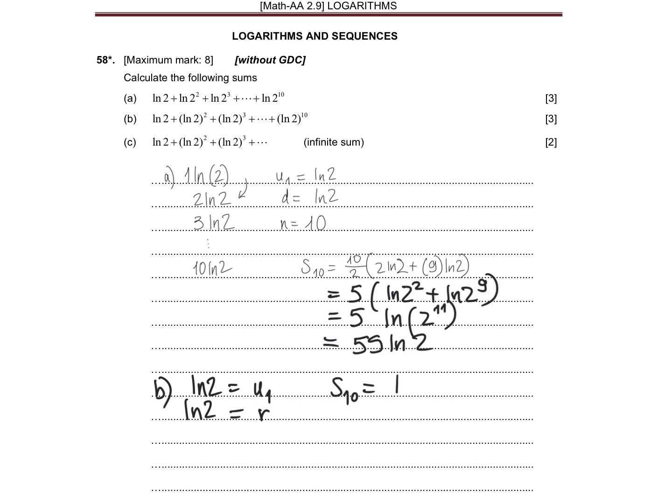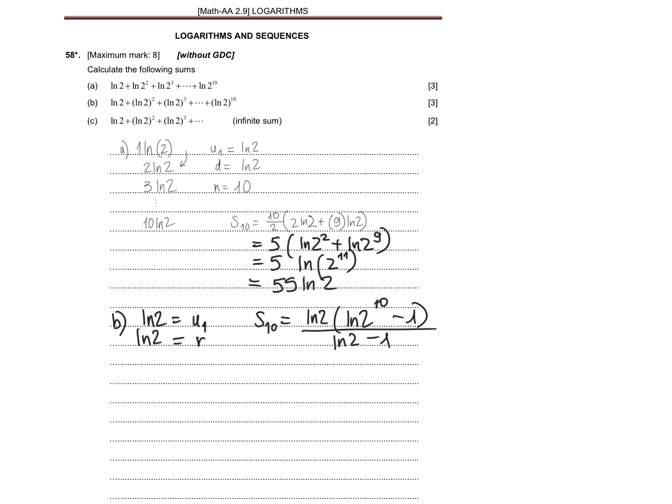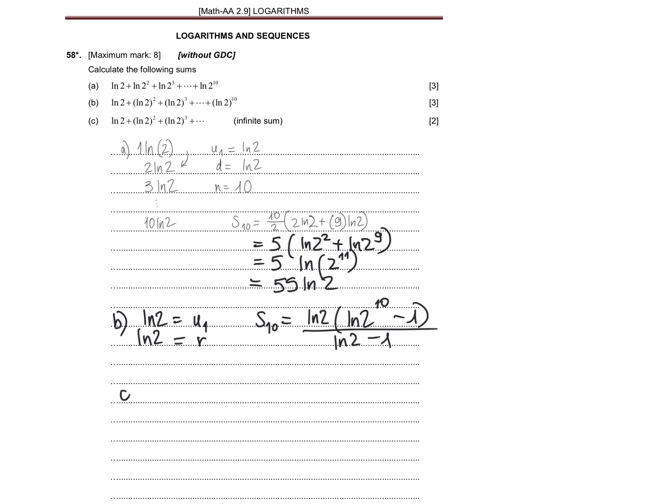So we've got U1, R to the 10 minus 1 over R minus 1. And for C, we're doing that sum to infinity of the same thing. So we've got U1 over 1 minus R.